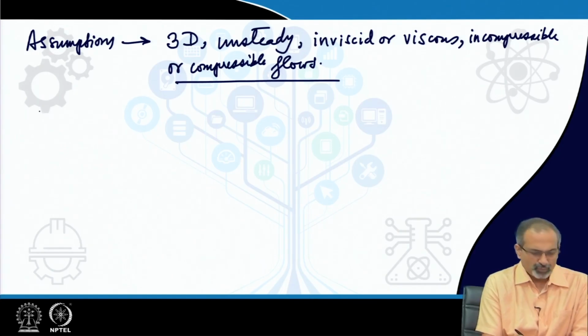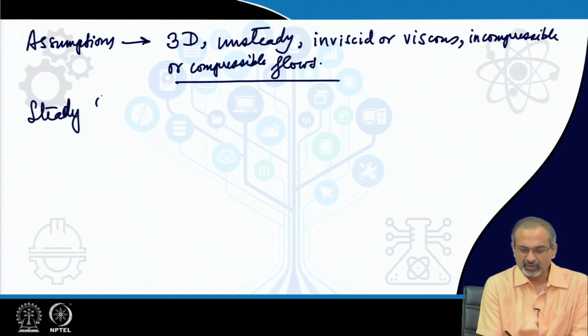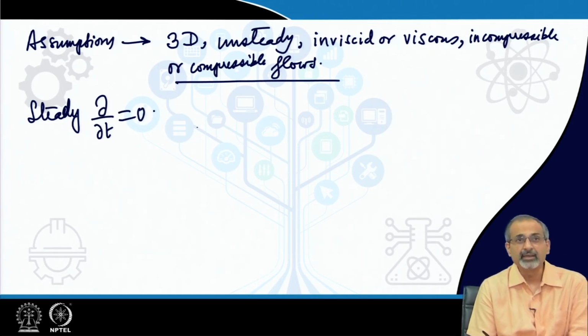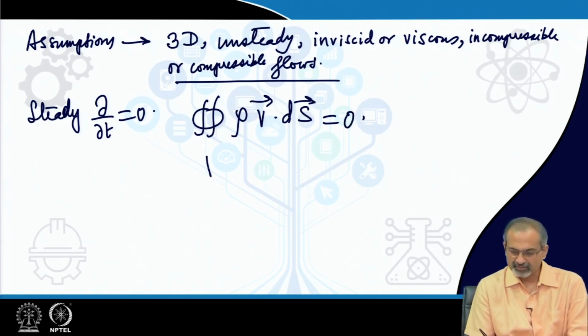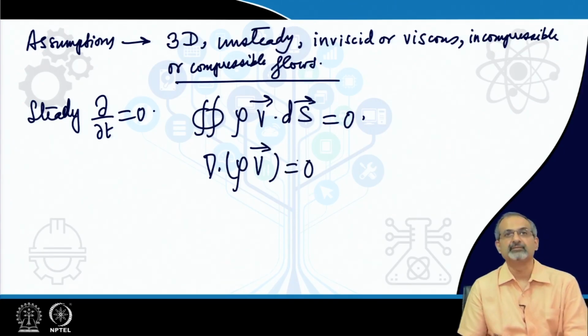Now, if you make one simplification that the flow is steady, then the time derivative goes to 0, and there will be a simplification in the equation. If you are writing it in an integral form, it will become like this. If you are writing it in a differential form, it will be like this.